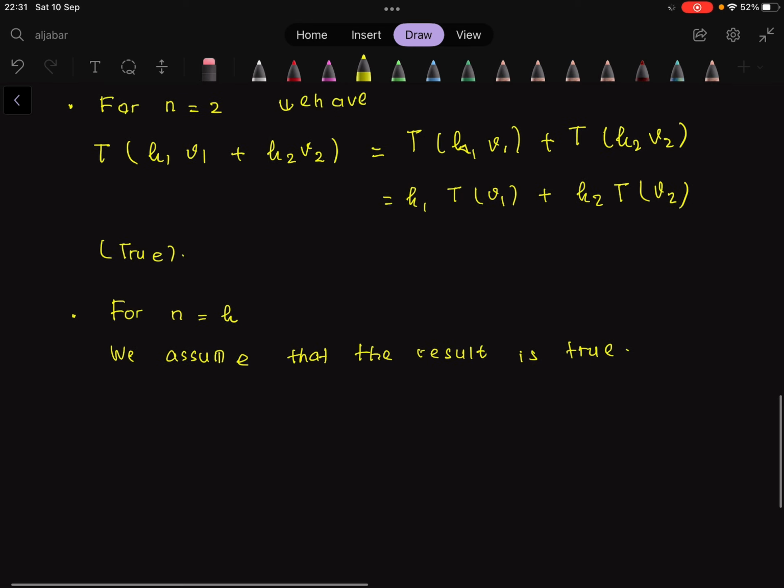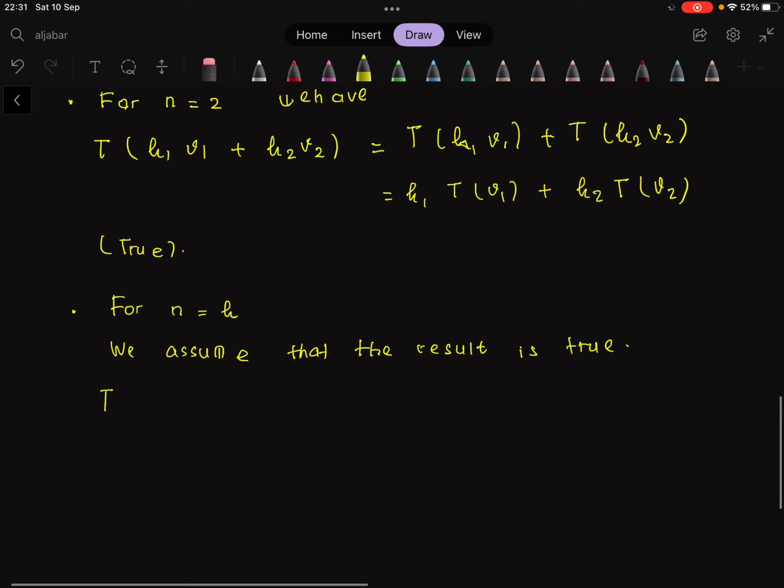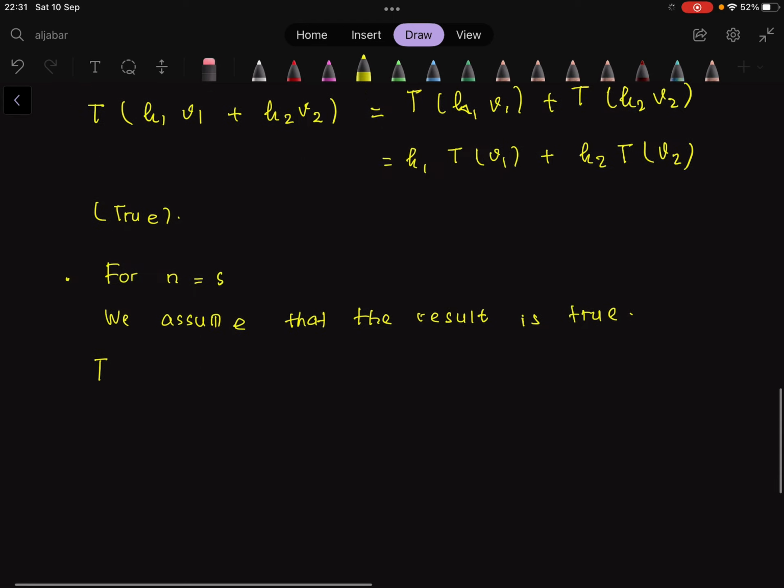So then we have T. Maybe I can use s rather than k, because we have k here. I will change to s.